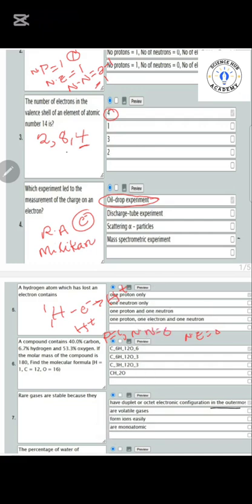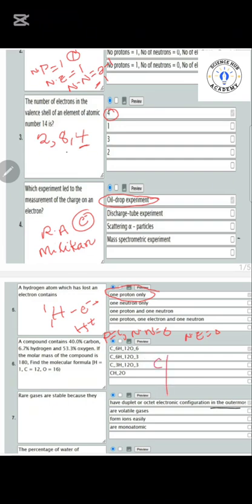So which one is most appropriate here in the options? That's option 1, protons only. Then number 6, here we have to calculate the molecular formula of the compound given the percentage abundance of each of the elements: carbon, hydrogen, and oxygen.